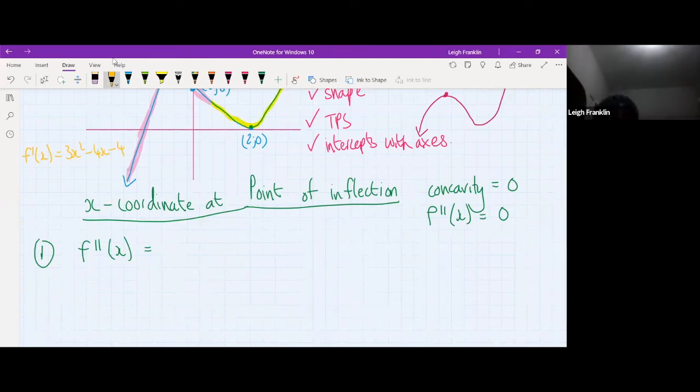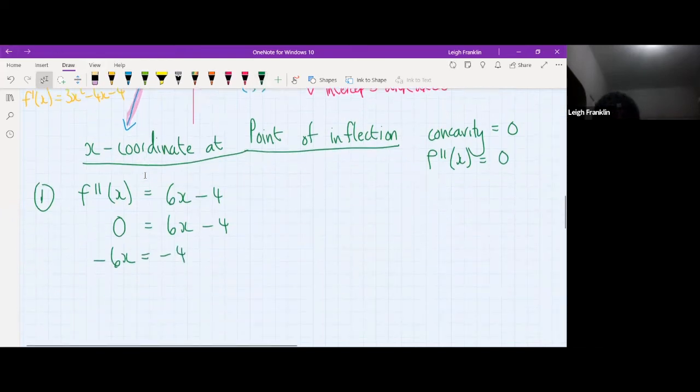So now when we work out our second derivative, 2 times 3 gives us 6x minus 4. At the point of inflection, concavity is 0. So that's why we make f double prime x equal to 0, and it's equal to 6x minus 4. I'm going to take my 6x over to the other side and divide both sides by negative 6.